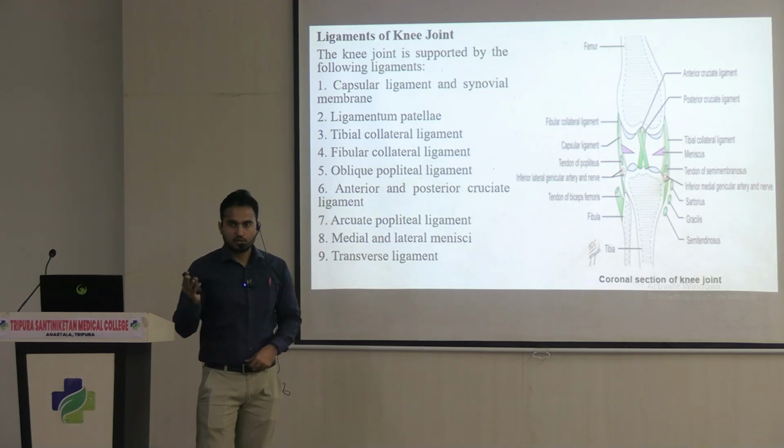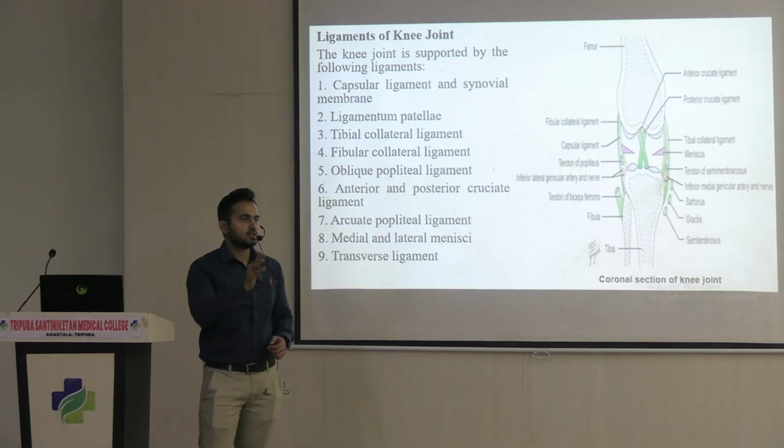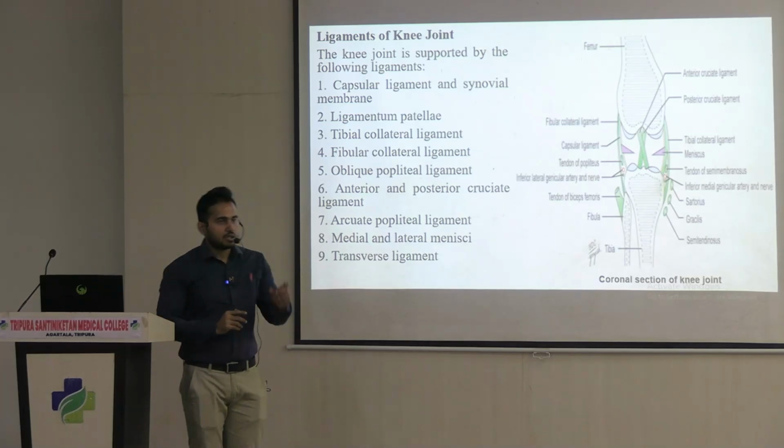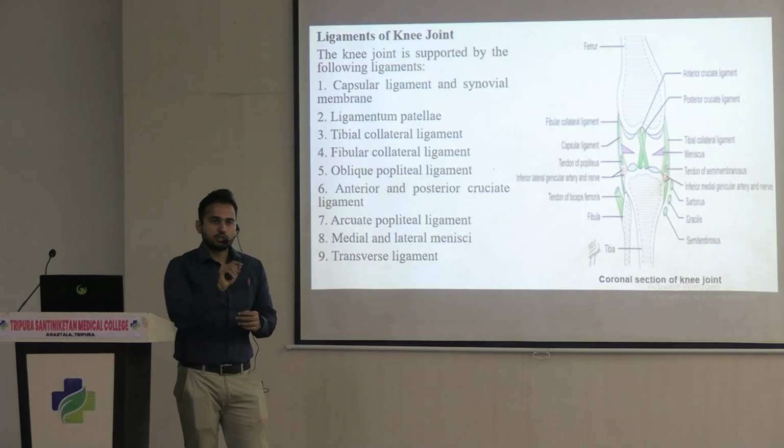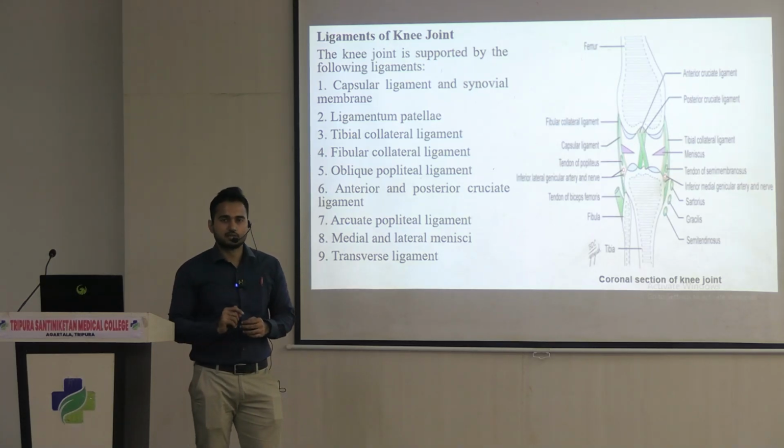If you take any osteology book or your normal textbook, like BD Chaurasia or Vishram Singh, when you see the osteology part of any bone, at the articular surface the attachment of the joint capsule is shown in dotted lines.